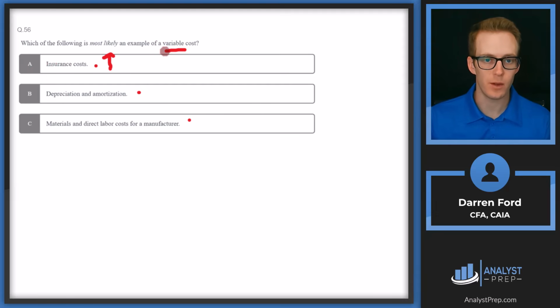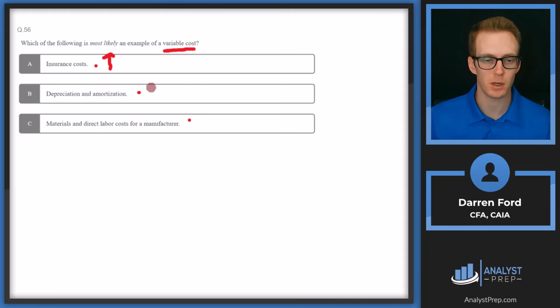However, with variable costs in the definition, the materials and direct labor are going to be much more closely tied to how much we're manufacturing. So if we need to manufacture 2 times the amount, then the materials and direct labor costs for that are going to be more directly correlated to that.